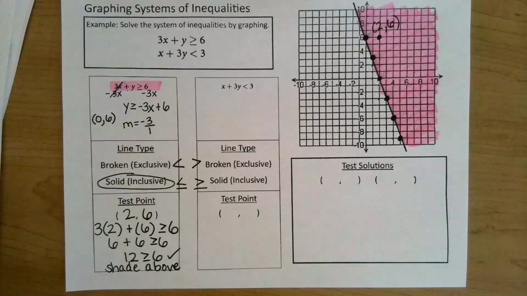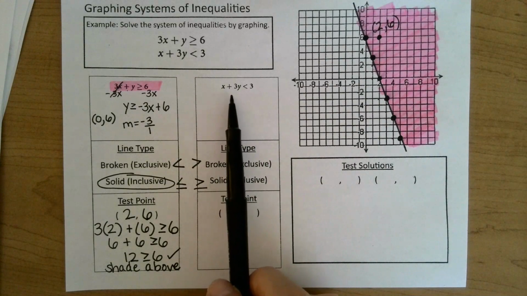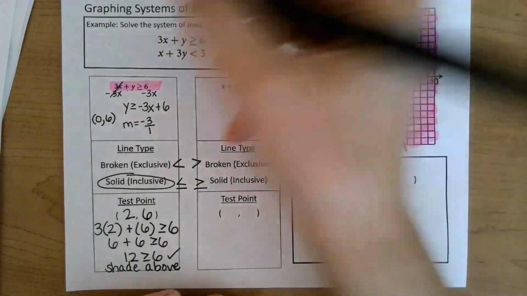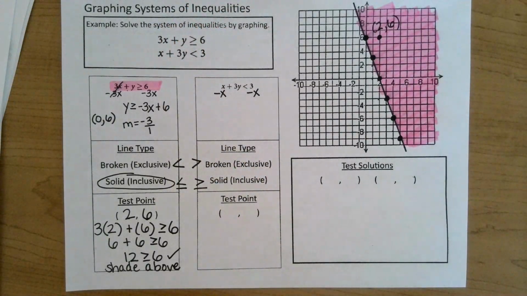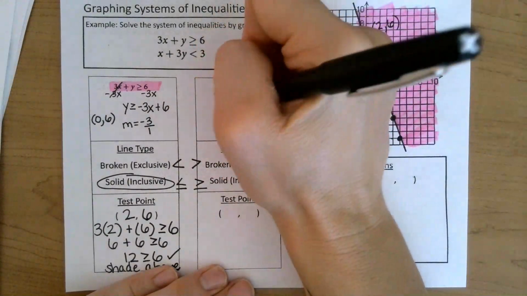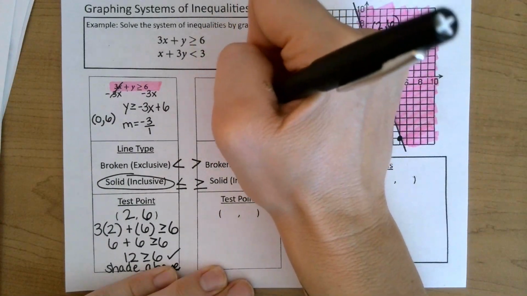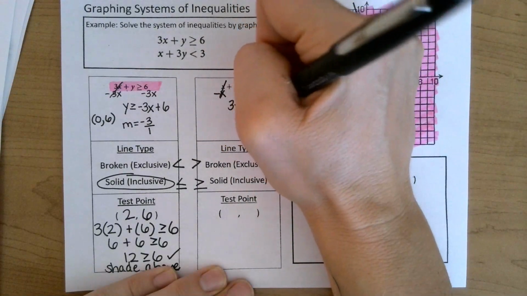Okay. Then for the other equation, so now let's graph this one. So if it's x plus 3y, what would we do first to get y by itself? Subtract. So remember, always move that x. If the x is on the same side as y, do the opposite. X is positive right now, so we want to do minus x. All right, then we bring down 3y less than, and then I put negative x plus 3.